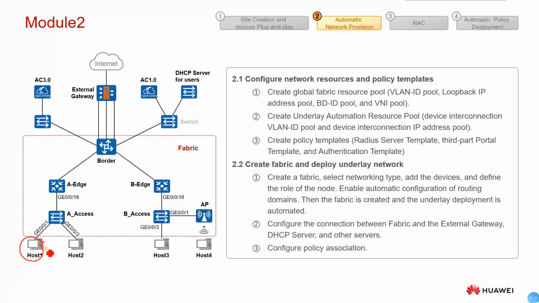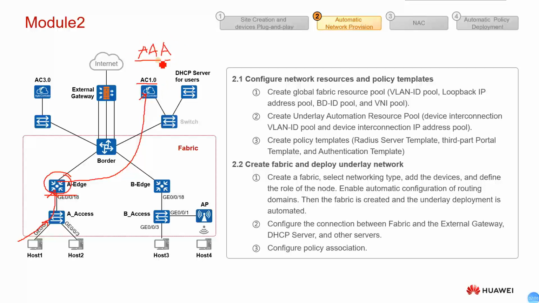When a host connects to the campus network, the host first needs to be authenticated. Because we have already deployed the policy association, the host will send the packet for authentication. The access will transparently forward the authentication packet to the authentication point, A edge. A edge will get the information and send it to the AC 1.0, which is our AAA server.